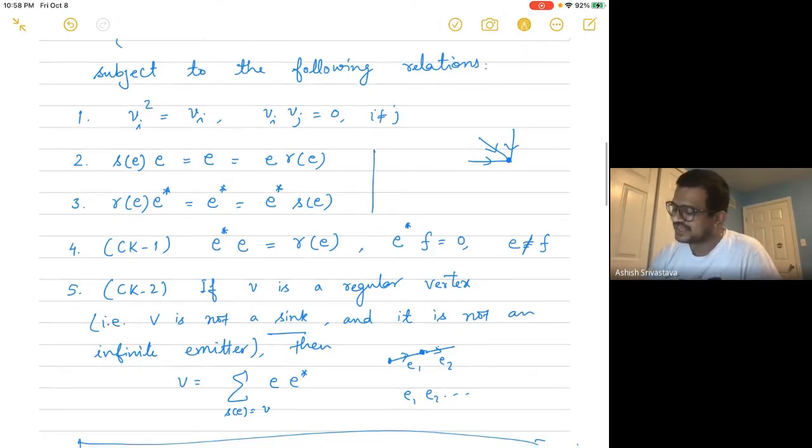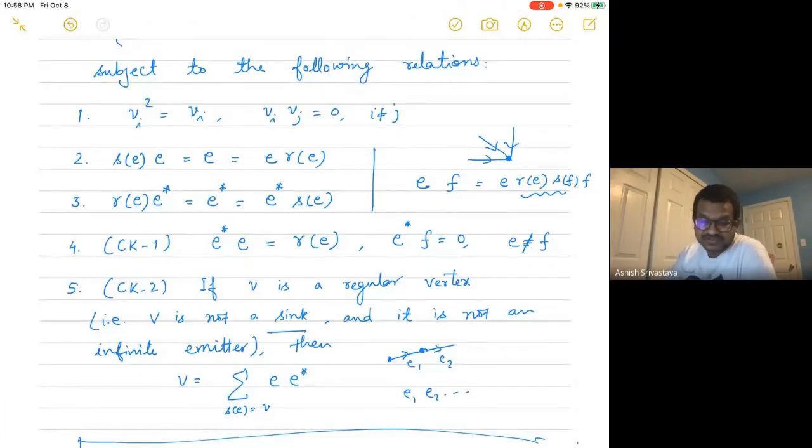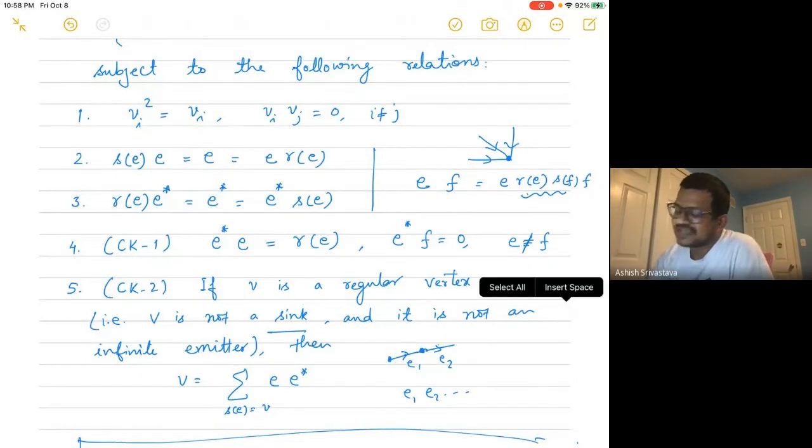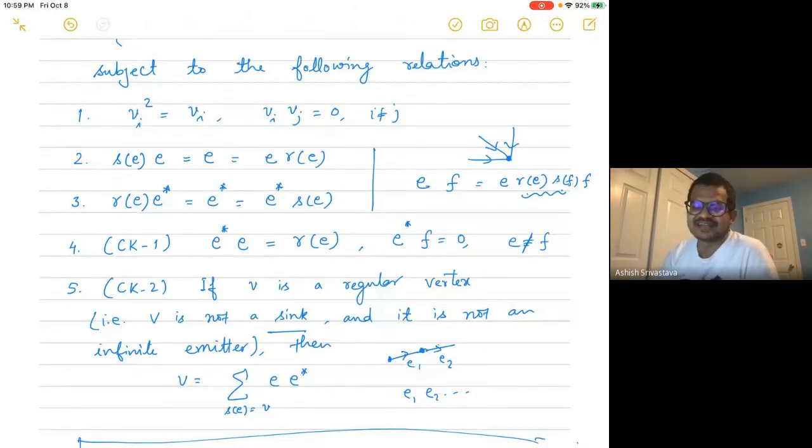In view of what I just wrote, I will see this as E, then range of E, and then F as source of F, and then F. Right here, now I have two vertices, and I know how to multiply two vertices. If these were the same, that is an idempotent. If they're different, it goes to 0.